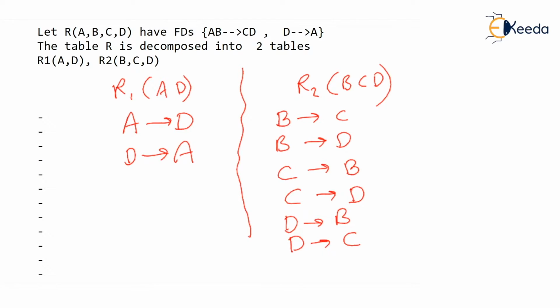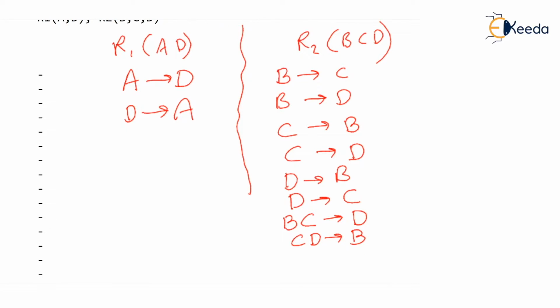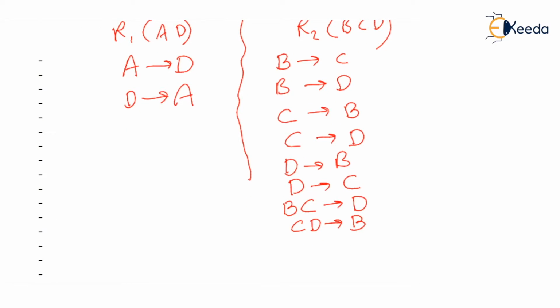So what about the remaining dependencies? Just check this. If we have two attributes on the left, we can have BC determines D, correct? Or we can have CD determines B, correct? Or we can have BD determines C. And we can have two attributes on the right hand side also, correct or not?